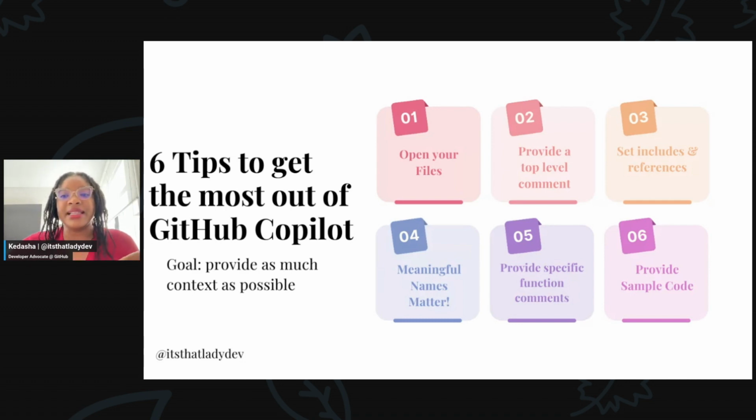Sometimes I like to say to GitHub Copilot, you know what? That's incorrect. I actually want to use this version. Can you provide a suggestion based on this version of the library? And it will say, oh, I'm so sorry, here is what you're looking for, or what I think you're looking for. So providing sample code is very beneficial to giving enough context to GitHub Copilot.